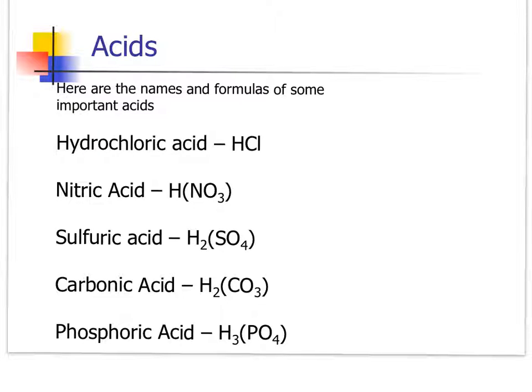There are a few things that we need to understand, which is that hydro indicates no O. So if you see an acid, and an acid will always have the H written first, and you have no oxygen present, that means it has the prefix of hydro.